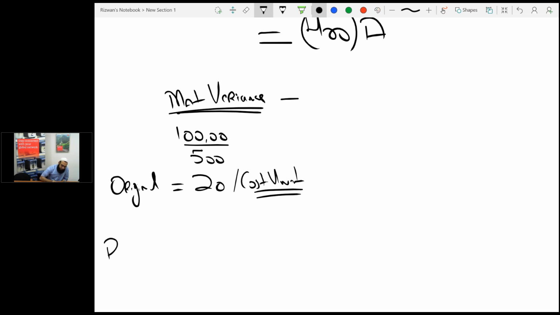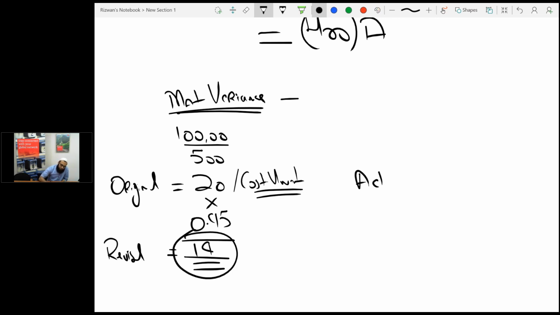If I revise it, because the 5% decrease was because of factors which were not under control, let's calculate 0.95 of this. So the revised standard makes 19. Revised standard makes 19. What is the actual cost per unit?